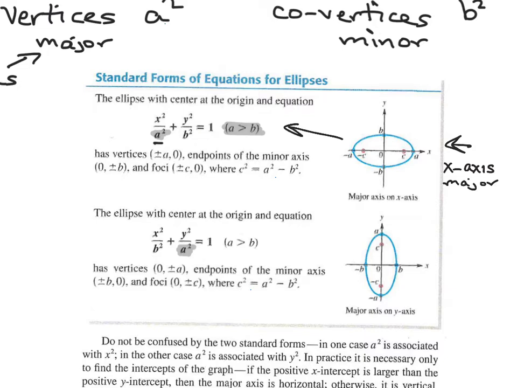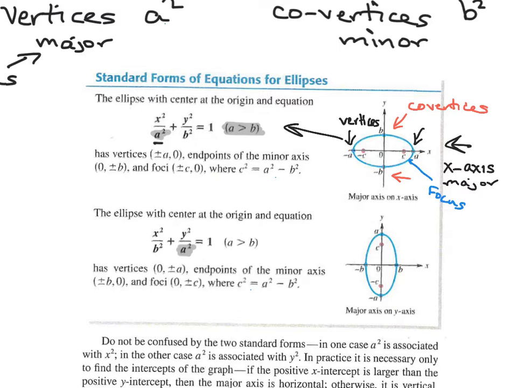The a's are always going to be your vertices. So this would be a vertex, and so would this. The co-vertices are indicated where the b's are. So those would be your co-vertices. And again, your focus points, which are indicated here with the letter c, are always going to be on the major axis.